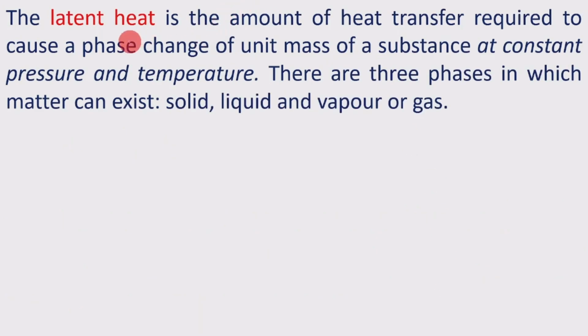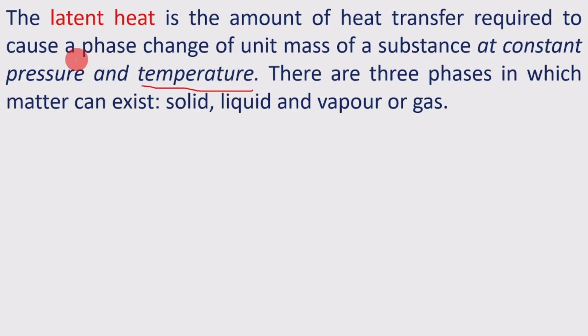The next one is the latent heat. The latent heat is the amount of heat transfer required to cause a phase change of a unit mass of substance at constant pressure and temperature. Here we should keep in mind temperature also. If you take a unit mass of any substance, its phase should change. To change the phase of the unit mass of that substance, the amount of heat required is called latent heat.